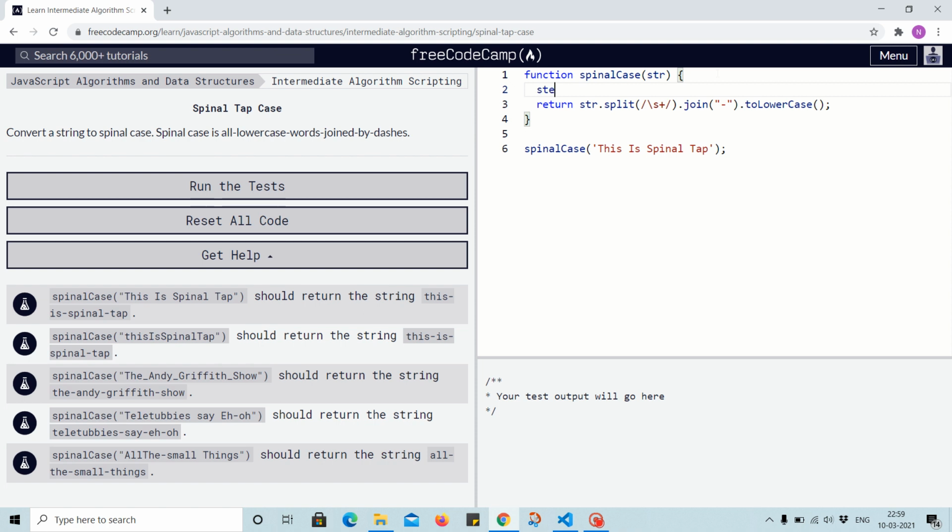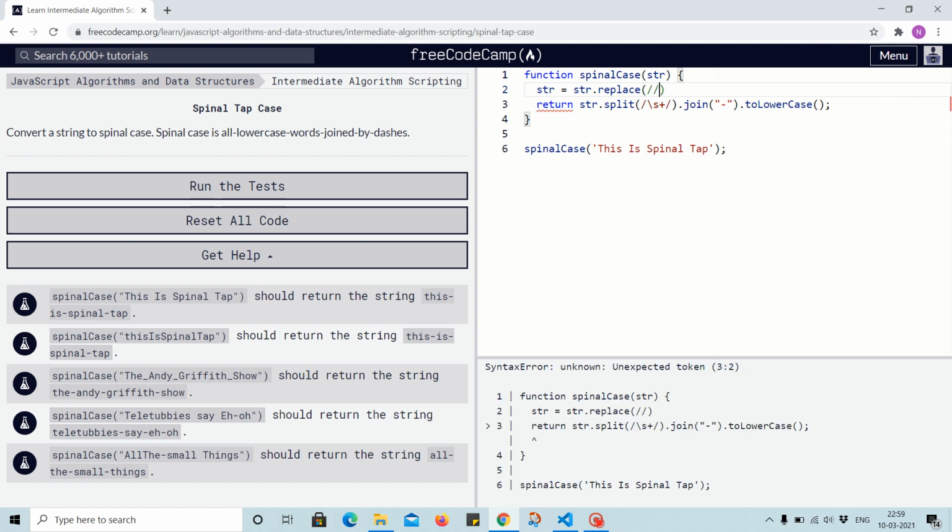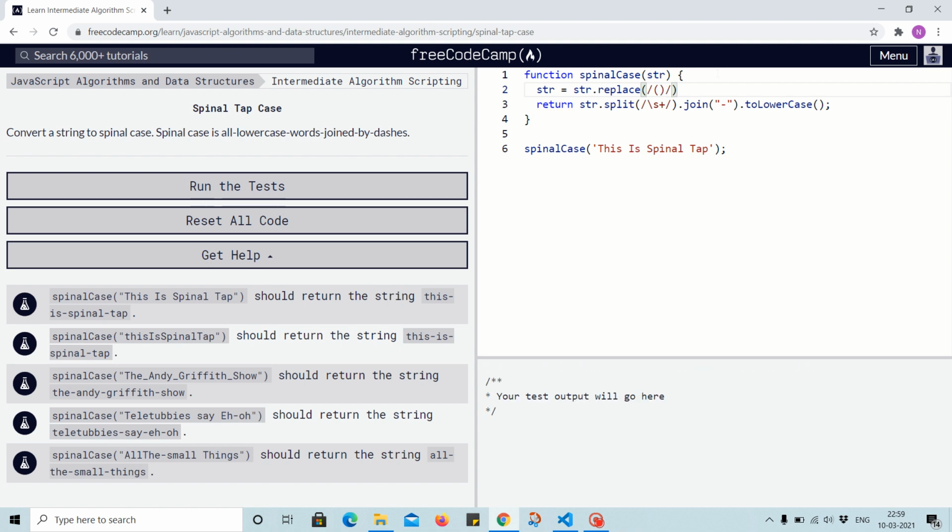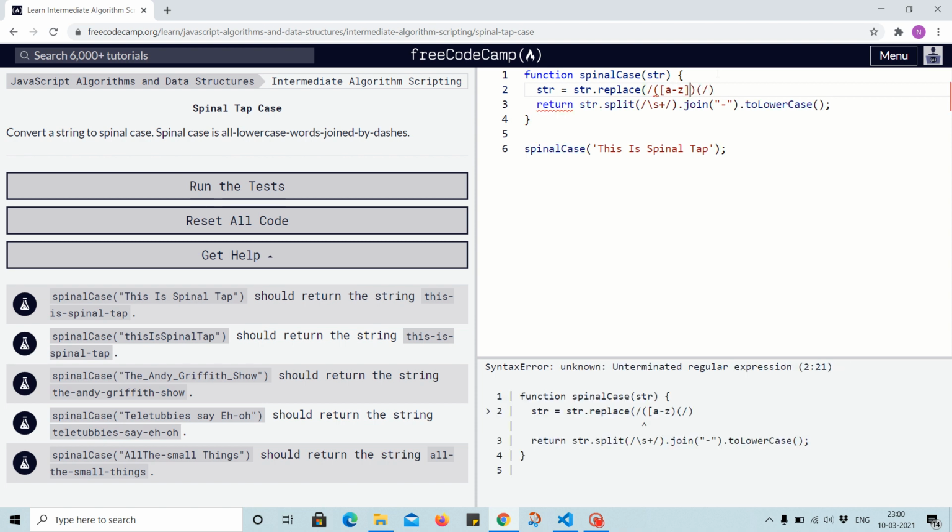So str equal to str.replace, and in replace we will have a regular expression which will use a capture group A to Z. Not A, we have to make it a class.